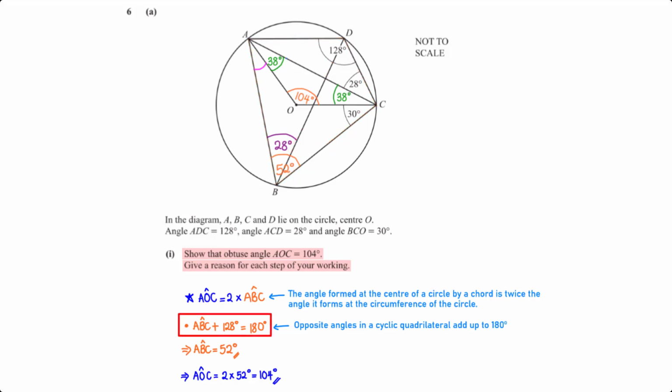And so angle ABC plus 128 degrees should be equal to 180 degrees. And so when we subtract 128 degrees from 180 degrees, we get angle ABC to be 52 degrees. So we have angle AOC equals 2 times 52 degrees, which is equal to 104 degrees.